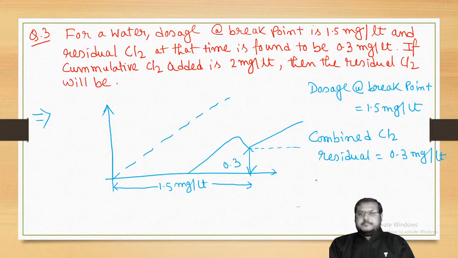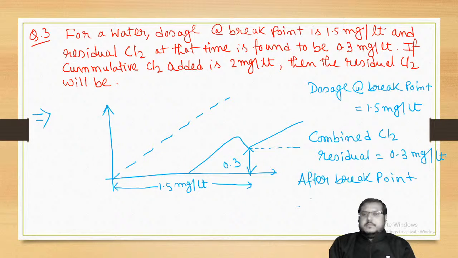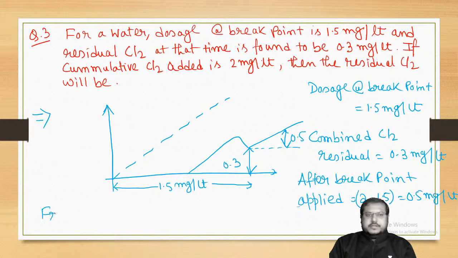And after breakpoint, applied is how much? Cumulative is 2, means total is 2. So after breakpoint applied is 2 minus 1.5, which is 0.5 milligram per liter. That 0.5 milligram per liter is nothing but the free chlorine residual.